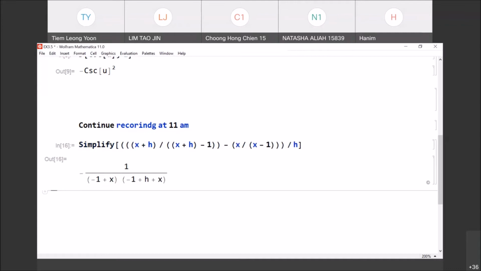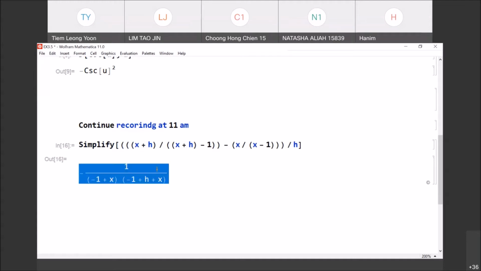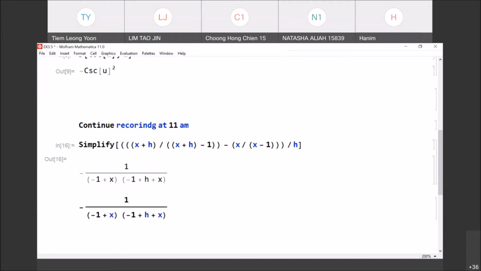So by doing that, I am able to simplify the expression into this form. Then when this is taken to the limit of h goes to 0, what is left is just setting h to 0, because the limit is the same, so it is x squared.